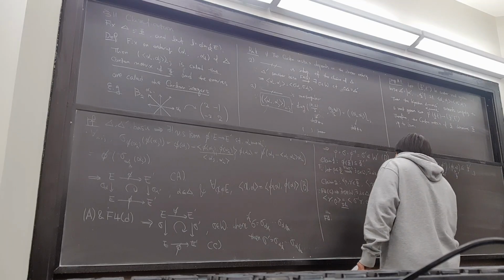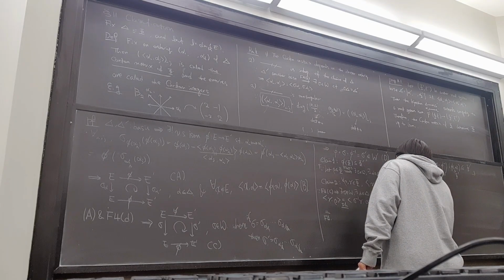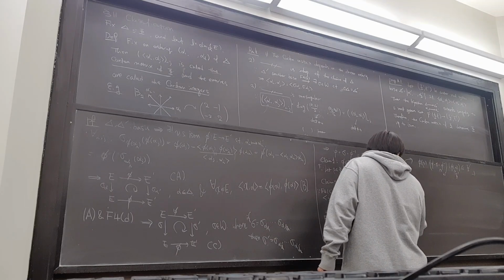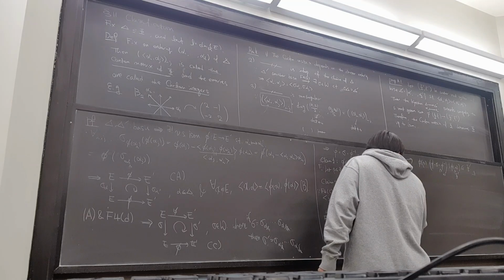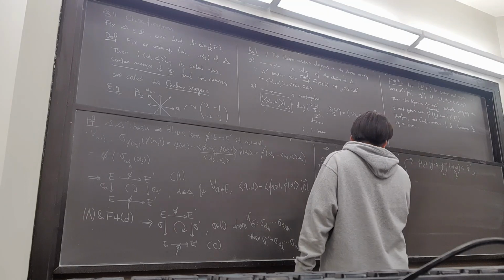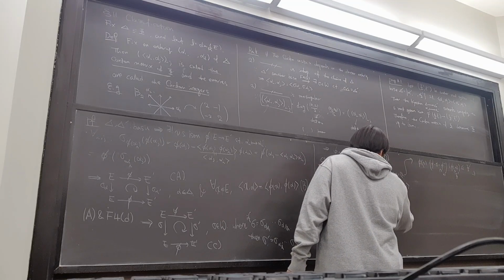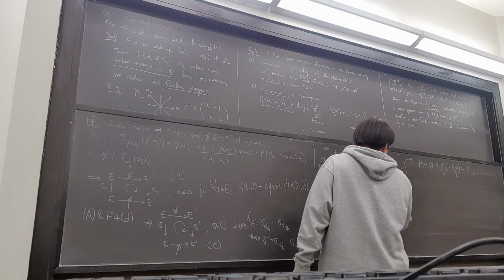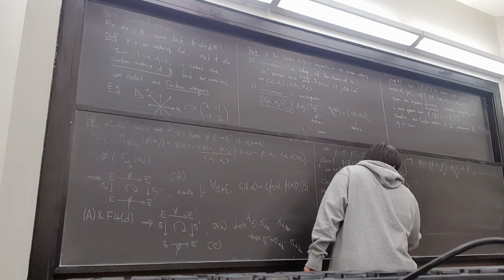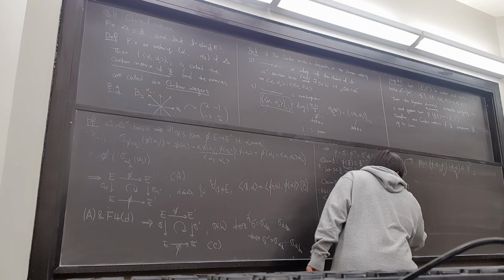But this is included in delta prime, so this is included in pi prime, right? And these guys, included in gamma, is included in pi, and yes, this is also included in pi. And then by using plane 1, this is included in pi prime, right? By plane 1.